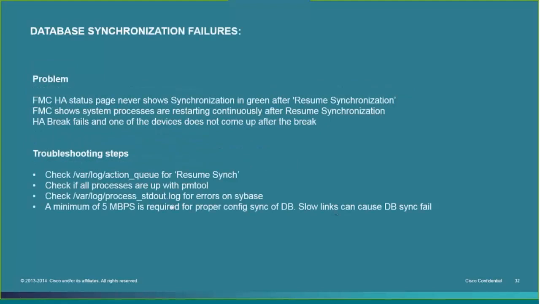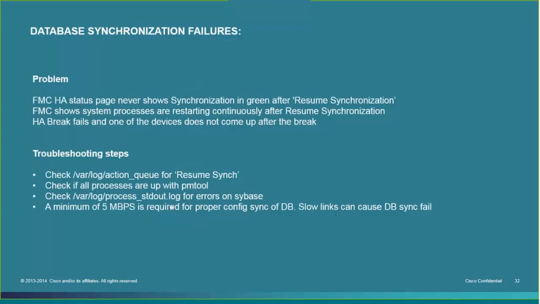So we've discussed switch roles and the UI going missing for some reason, and 500 error messages displayed because of some permission issue on the back end. The next common scenario that we might run into is database synchronization failures.